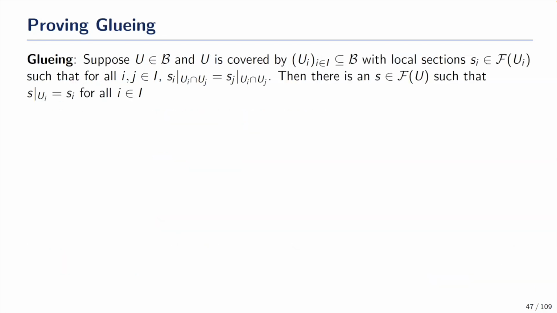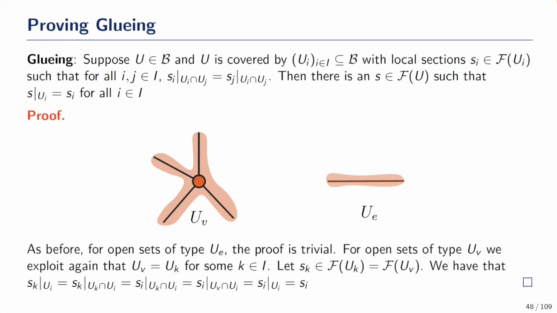Okay. Now let's look at gluing. Again, I've just put it here so we can see it. The idea is the same, and we exploit the exact same fact. So for UE, again, the proof is trivial. We have two sections such that when they overlap, there's a unique way to glue them.